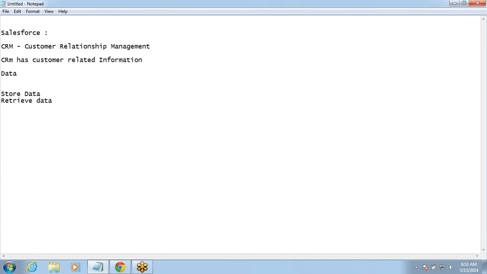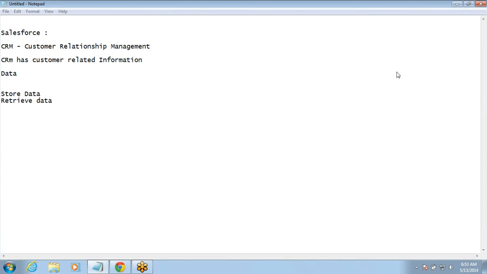So let's say a customer comes to you and asks for a piece of information. You need to retrieve it very quickly and then reply to the customer about his queries. You cannot say, I need 3 days to answer this question, I need to retrieve data from my hard disk and I need some time. That will not help you maintain a good relationship with customers. So you need to retrieve the data really quick, right?